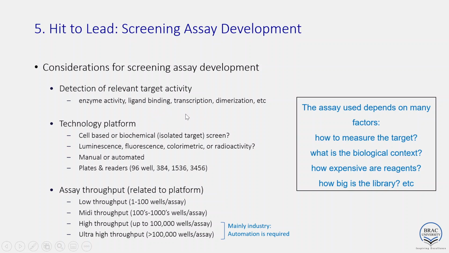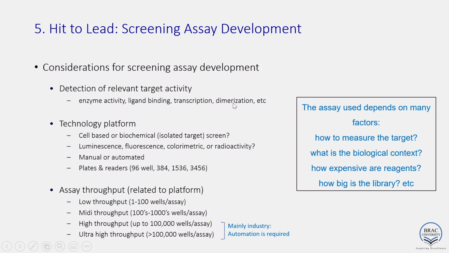Or if our target is a transcription factor, then we have to select another assay. For example, there is the ChIP-seq assay, I guess, that accounts for binding of the transcription factor to the DNA. Another type of target is dimerization.